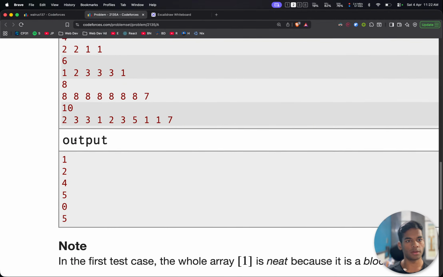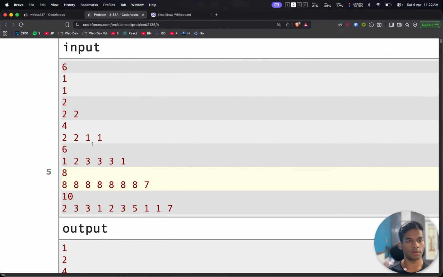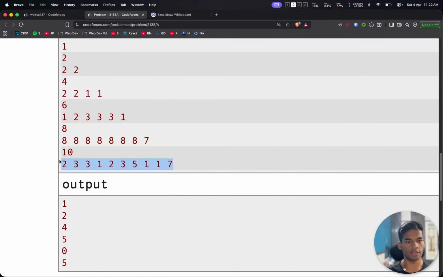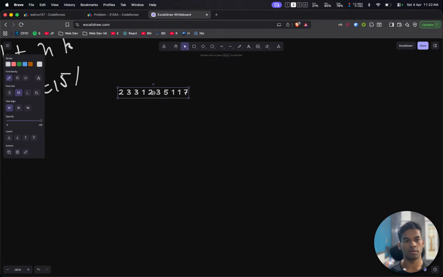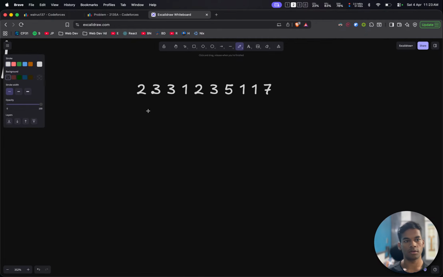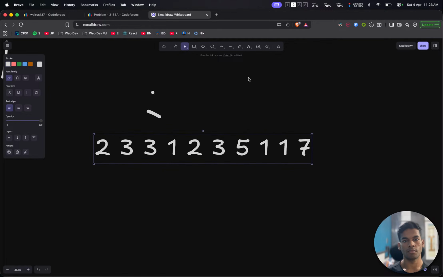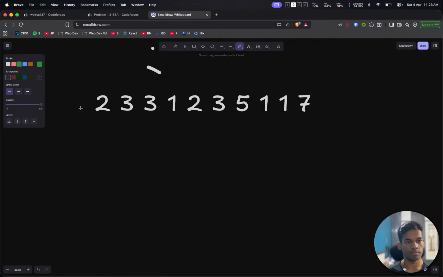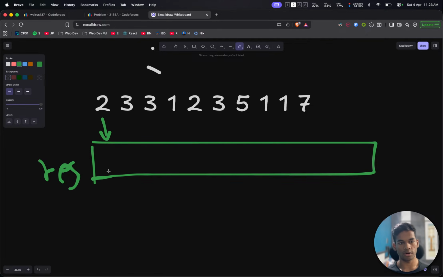For example, let's take this example. At each position we will create another array called res or answer or whatever, and at each index you would have the best possible answer in this subsequence.